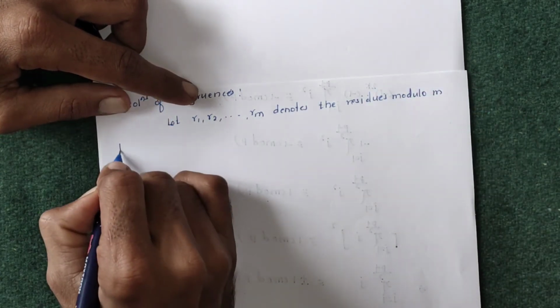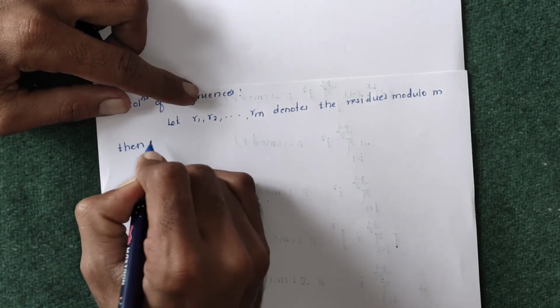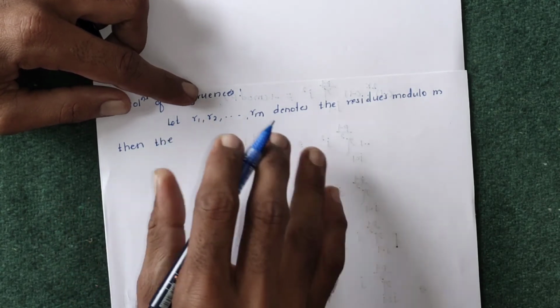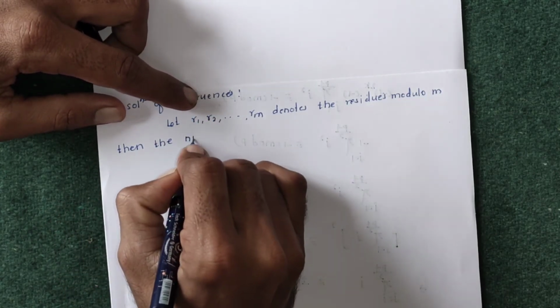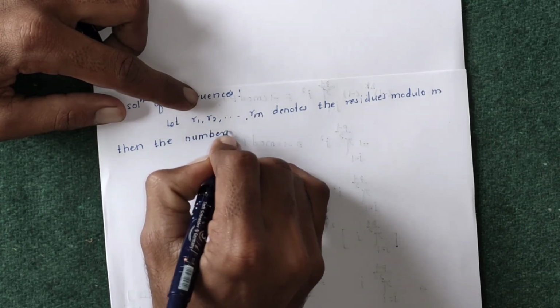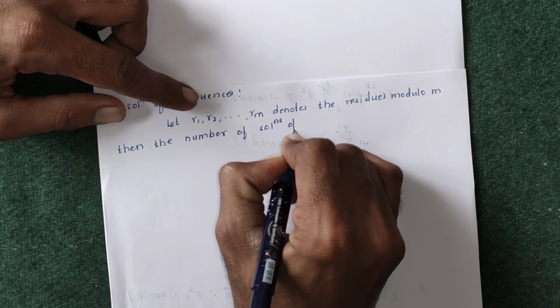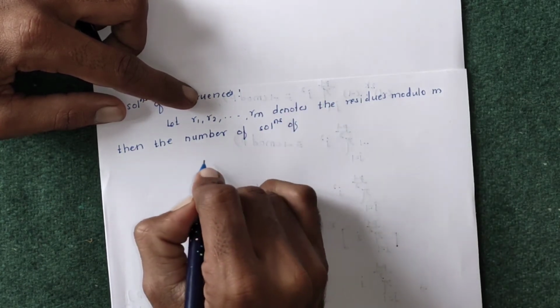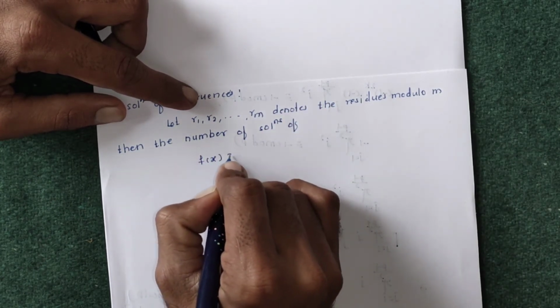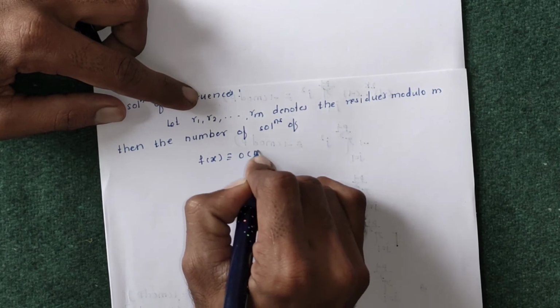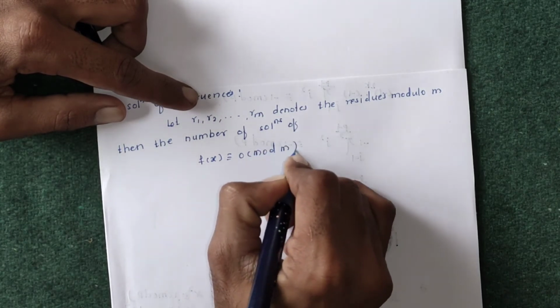Then the number of solutions of f of x is congruent to 0 modulo m.